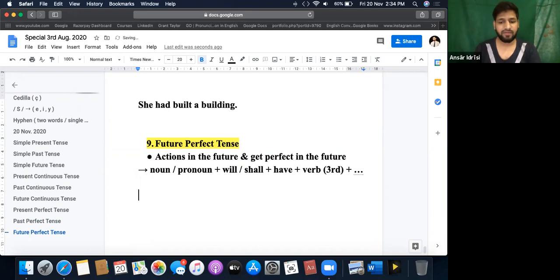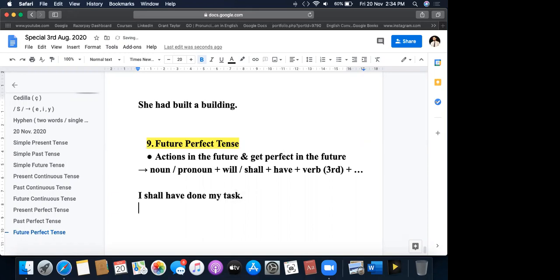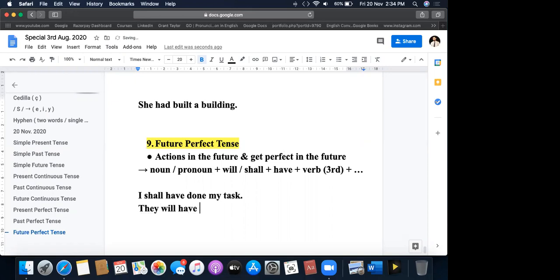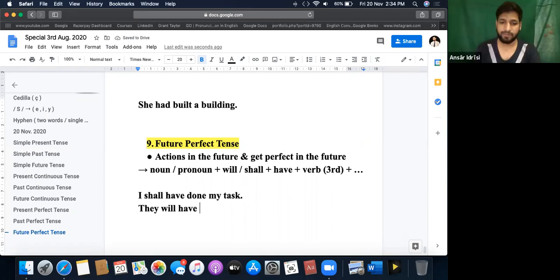All right. For example, I shall. I plus shall plus have. I shall have. I shall have do will become done. The third form. I shall have done my work. Okay. Same case. They plus will plus have. Have plus verb third form.